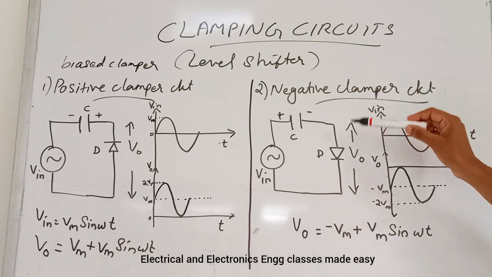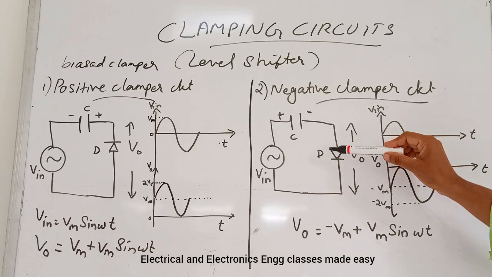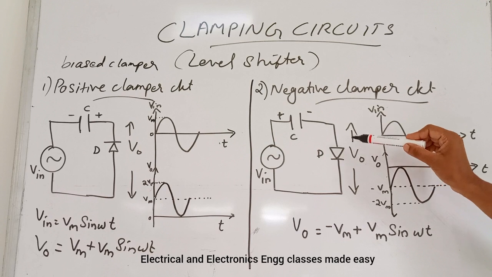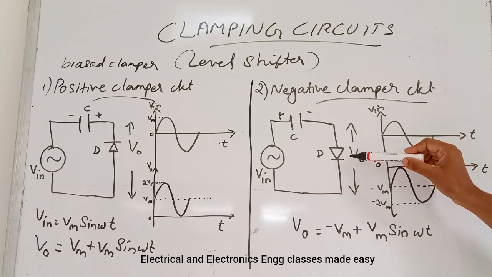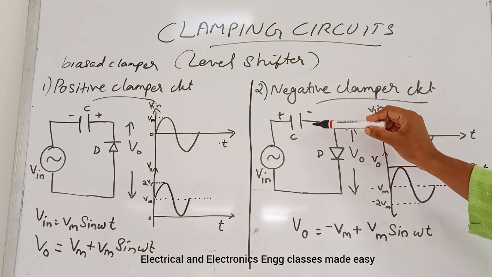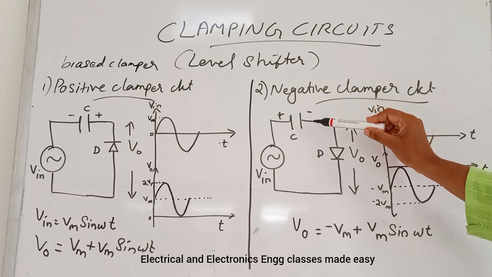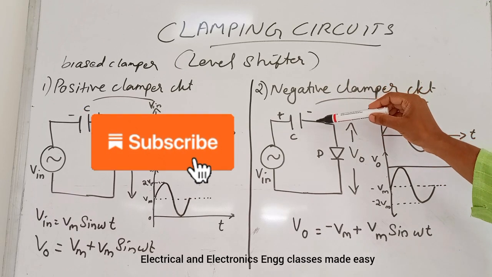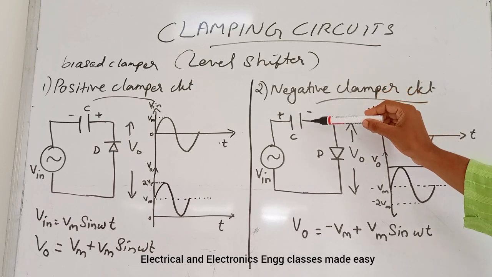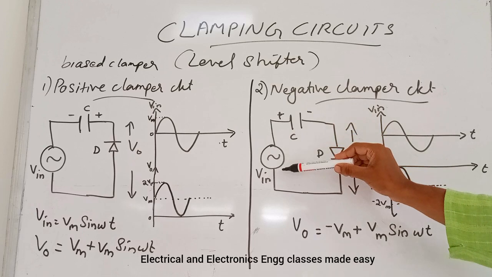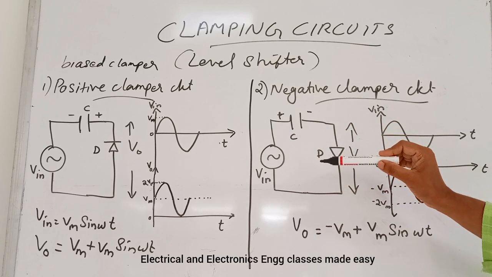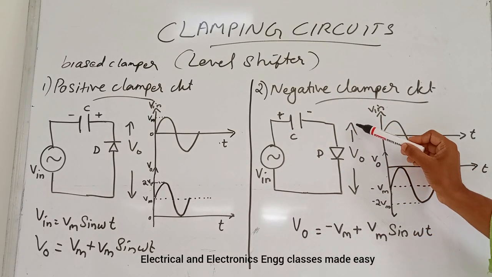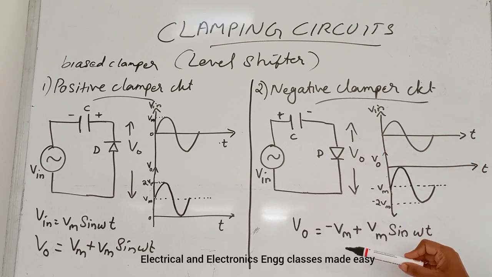During the negative half cycle, the diode is reverse biased and does not conduct, so the capacitor cannot discharge. This capacitor acts as a DC source of Vm volt connected in series with the input signal source. Then what will be the value of the output voltage?